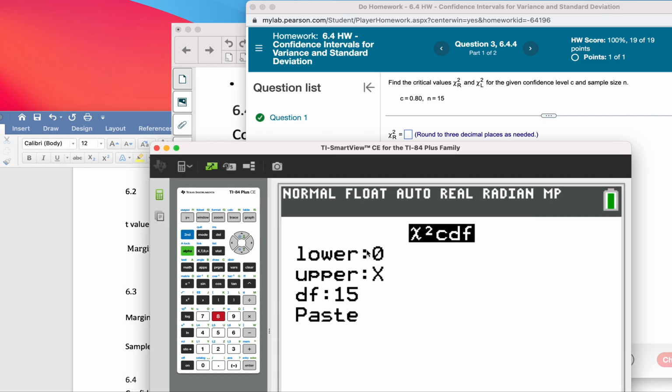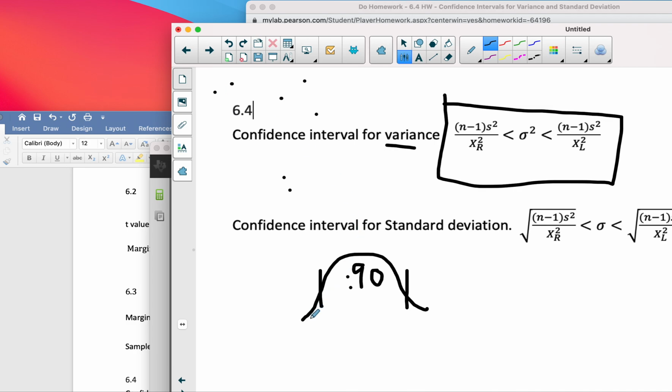What we're going to do is try and figure out on this chi-squared curve what this is. We called it a z-score, we've called it a t-score, or critical value. For this chapter 6.4, this is called the chi-squared on the right, this is the chi-squared on the left. So we're going to try to find this value.